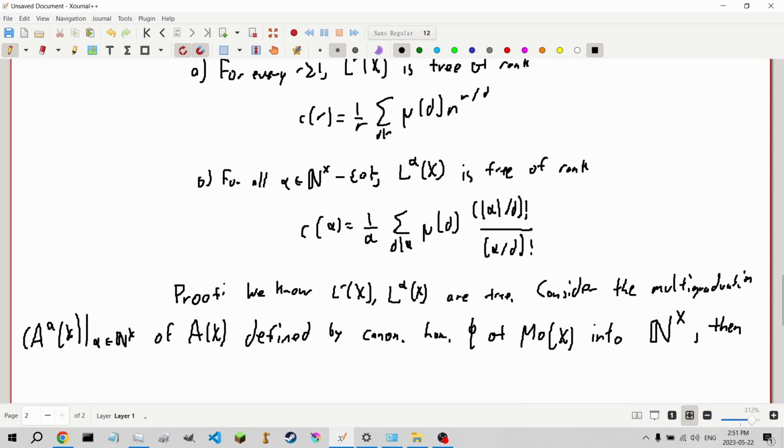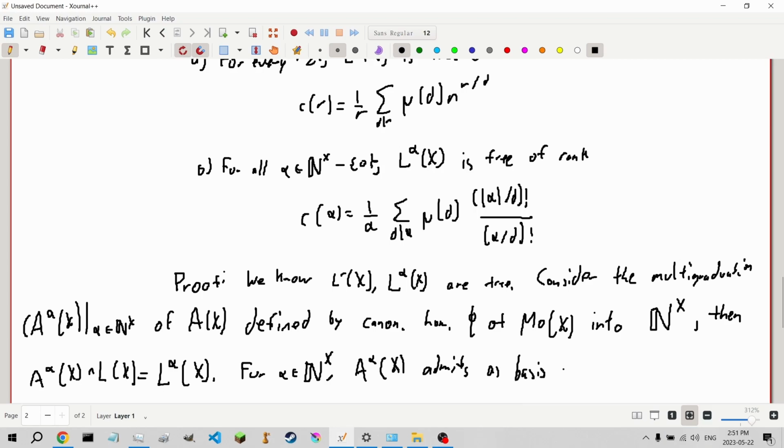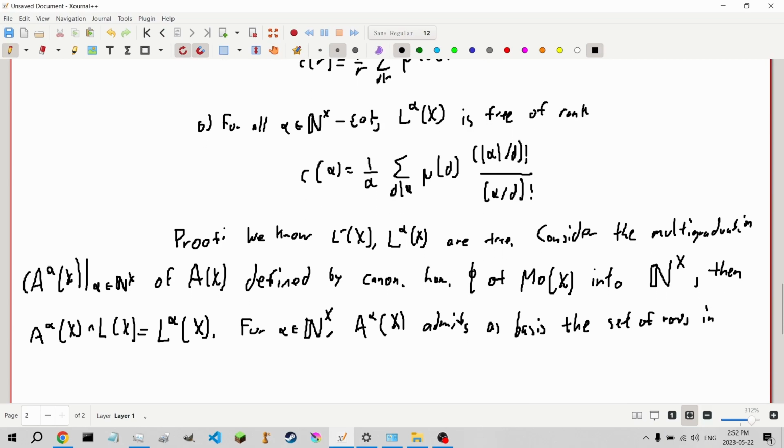and then A_α(X) intersection L(X) is our L_α(X). For α in N^X, the K-module of the free algebra, the α-grade of the free algebra of X, admits as basis the set of words in which x occurs as a letter α_x times.